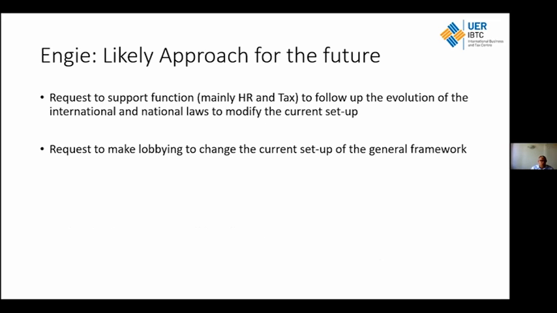What has been asked of HR and the tax managers is to follow the evolution of the OECD and of the countries, because on one side the entities want to move to a solution where there can be more welfare for the people.